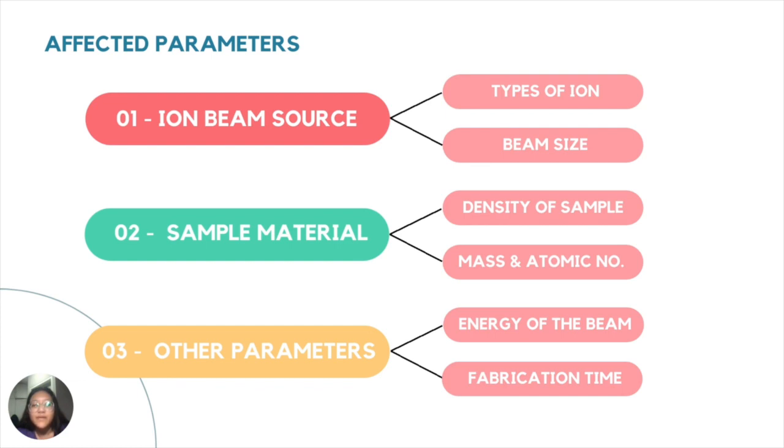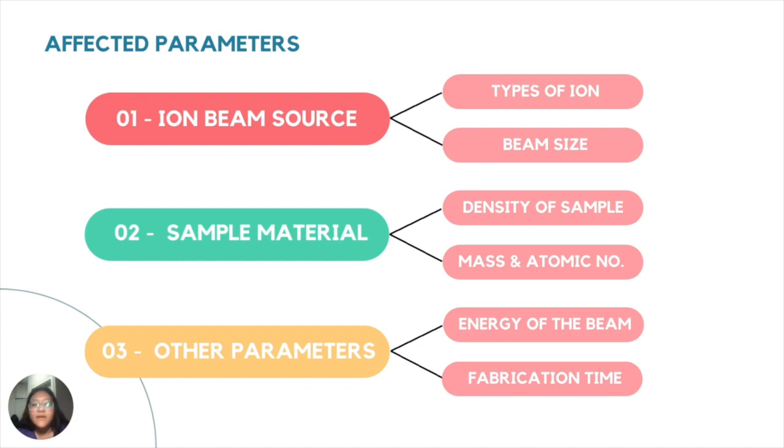Briefly speaking, it causes scattering, sputtering, or even implantation for the nuclear process and electron scattering for the electronic process. Therefore, the density of the solid atoms and the mass number of them will definitely affect how far the ion beam can penetrate, in which the penetration depth will affect the outcome of the ion-solid interaction. Still, if the penetration depth is high, it will affect the resolution of the outcome as well.